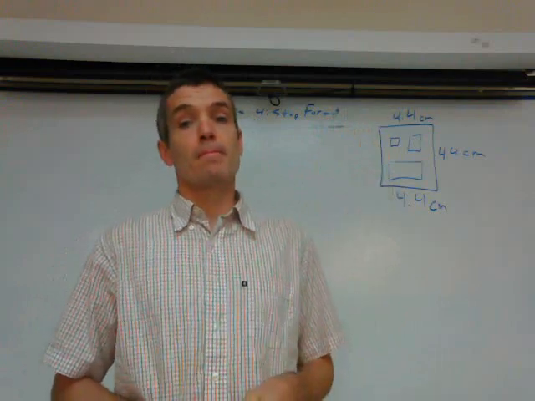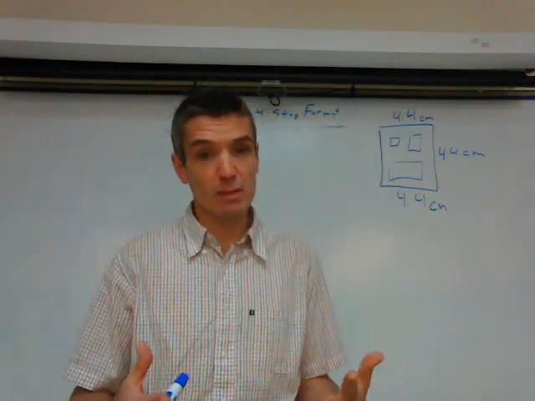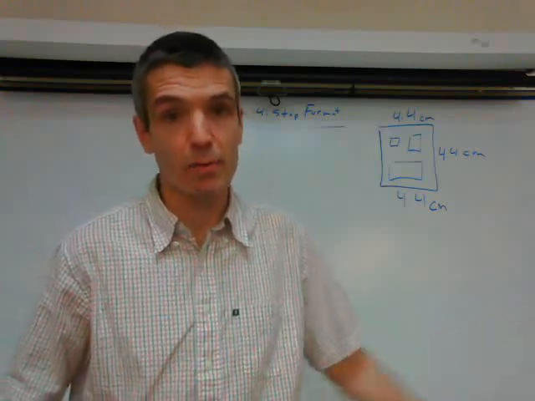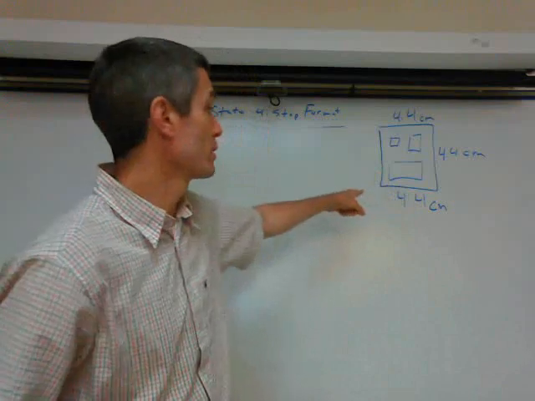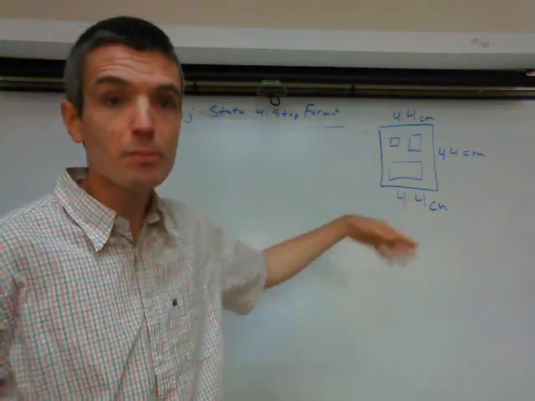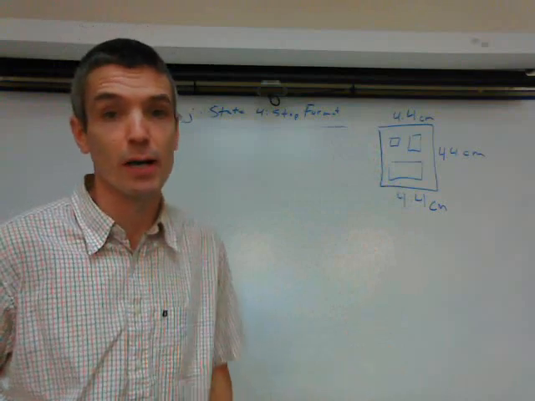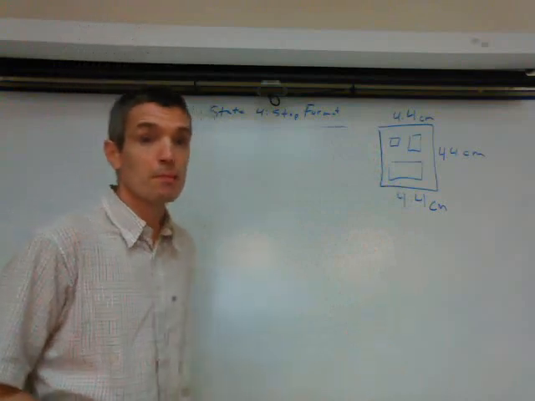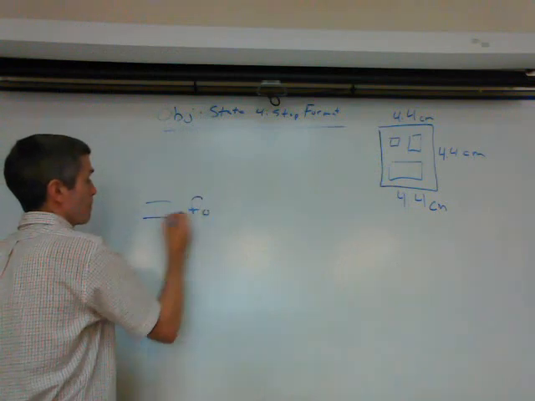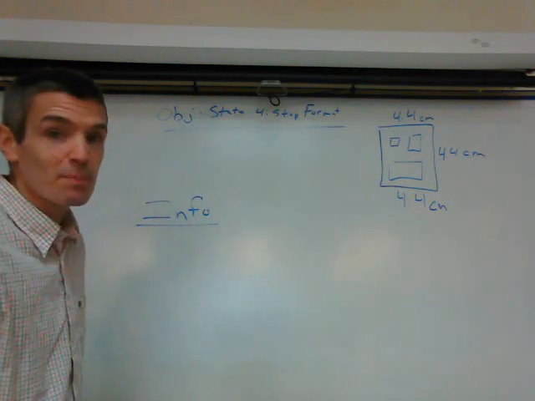And the best way to show it, I think, is by just writing out the steps. So if we wanted to know what Dr. Square's ball area was, we could solve that by using the 4-step format. My first step is my info.